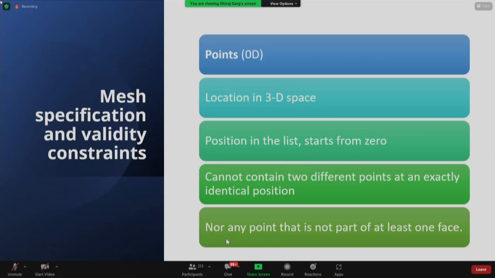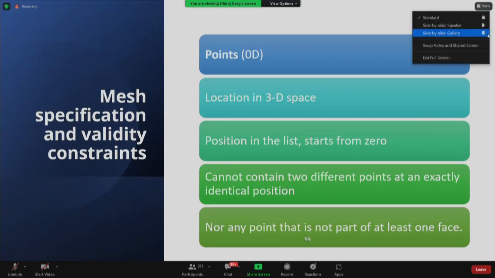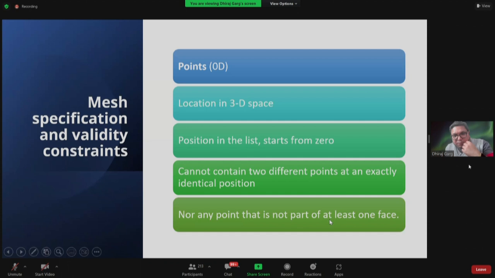Besides, another constraint is that there cannot be any point that is not part of at least one face. That means each point must be connected and be part of a face. There cannot be isolated points. Sometimes we may create many points but forget to connect them, and that will give you a warning that there is an issue.